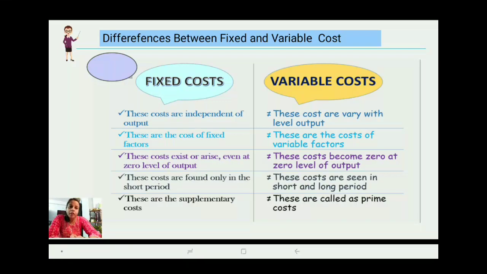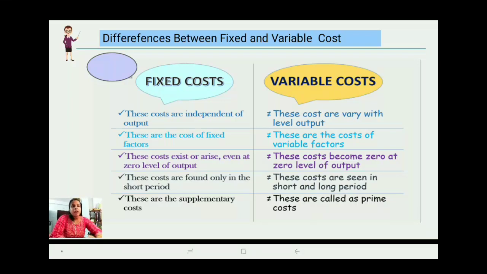Fixed costs are found only in the short period. As I said, that difference between fixed and variable is there only in the short period, because in the long run all factors are variable. Variable costs are seen in both the short run and the long run.